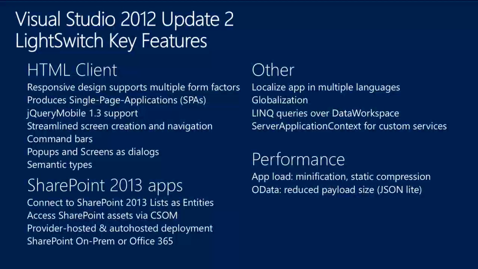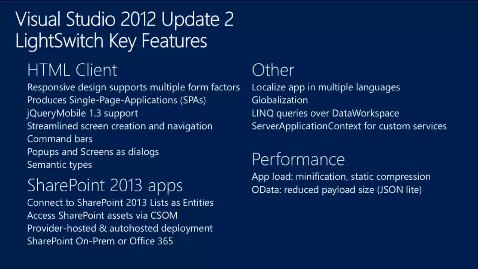Because of the new SharePoint apps model, we can not only connect to SharePoint data, because LightSwitch was always able to connect to SharePoint data via its OData service, but what we're allowing you to do now is write CSOM against SharePoint assets, deploy SharePoint assets with your LightSwitch projects, as well as manipulate the data across the data sources however you'd like. So we'll go a little bit deeper inside the SharePoint app model.